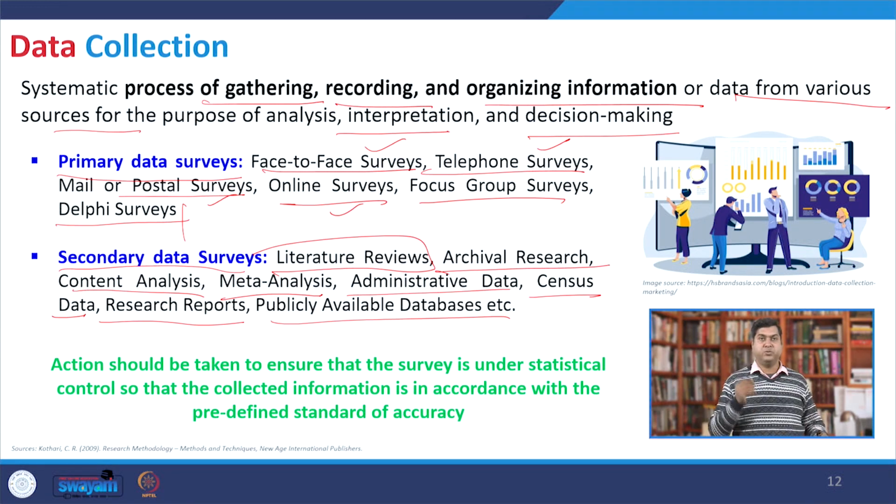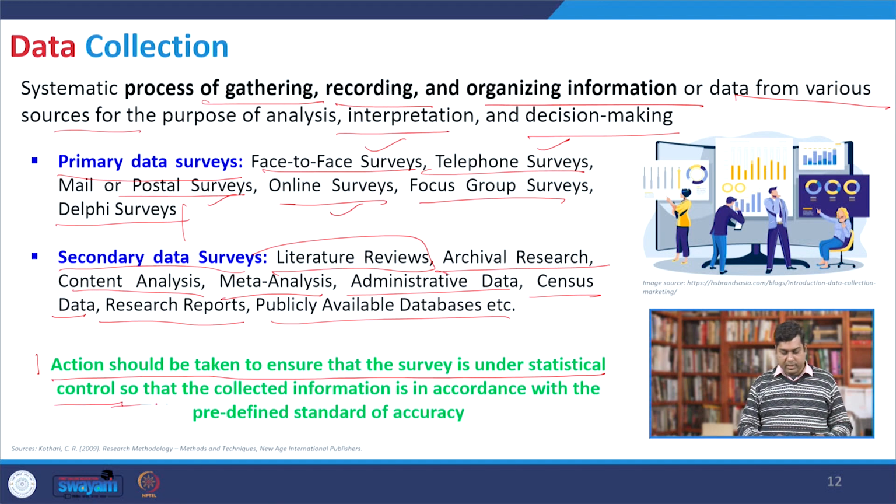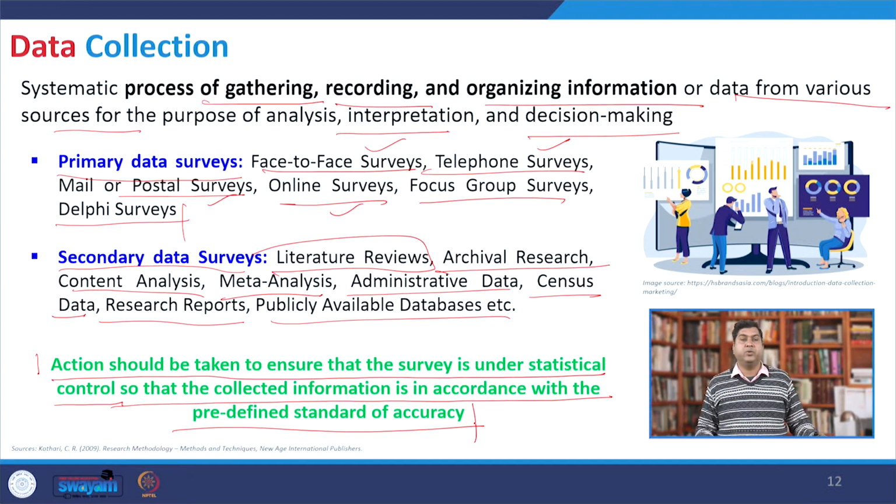There is some sort of data check in terms of consistency, validity or completeness, so that it will not create any problem in our findings, or somebody may challenge that the data authenticity is a problem. In such cases, action should be taken to ensure that the survey is under statistical control, so that the collected information is in accordance with the predefined standard and accuracy.